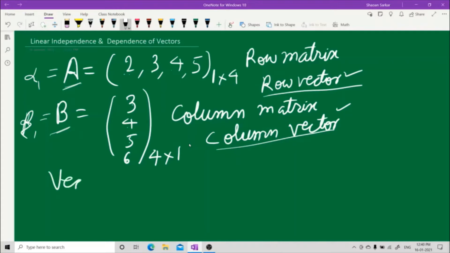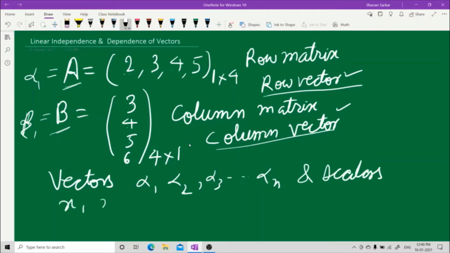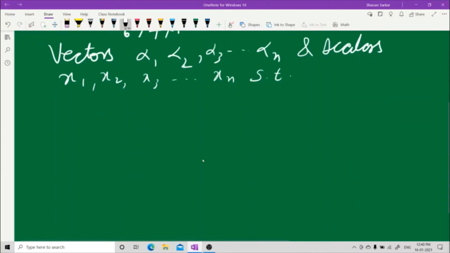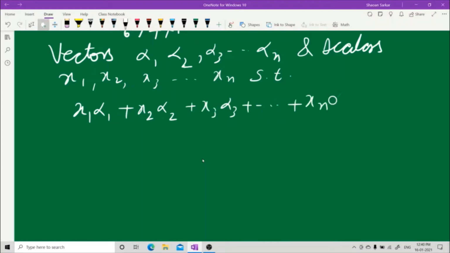suppose we have vectors alpha 1, alpha 2, alpha 3, up to alpha n, and we have scalars x1, x2, x3 and xn such that x1 alpha 1 plus x2 alpha 2 plus x3 alpha 3 and so on, plus xn alpha n is equal to 0 should give me x1 equal to x2 equal to x3 and so on up to xn, all zeros.